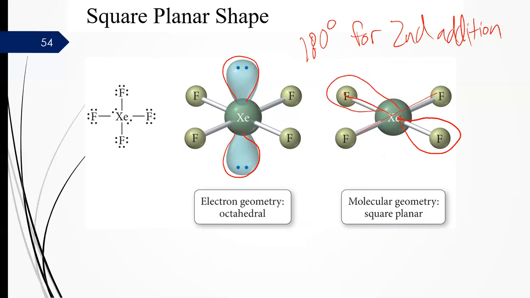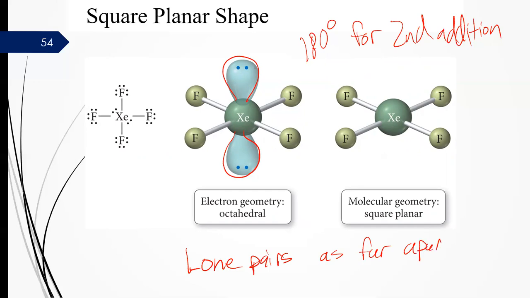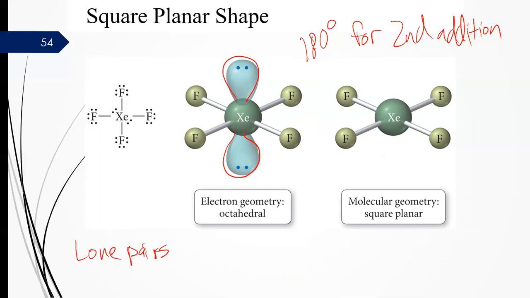So as you go through and you're trying to decide where you need to put your lone pairs, you want to put your lone pairs to minimize 90-degree repulsions.